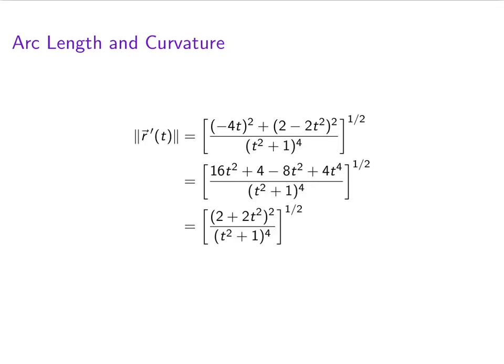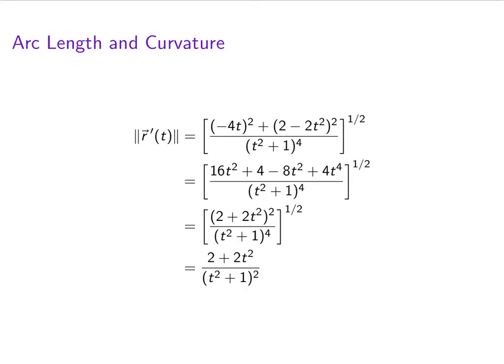If you work out what's in the top, it's actually a perfect square. It's 2 plus 2t squared, squared. Not sure about that? Multiply all this out and see that it matches up with this. Well, now we've got a fraction where the top and the bottom have even powers, and we need to compute a 1/2 power of the whole thing, so that's actually pretty straightforward.